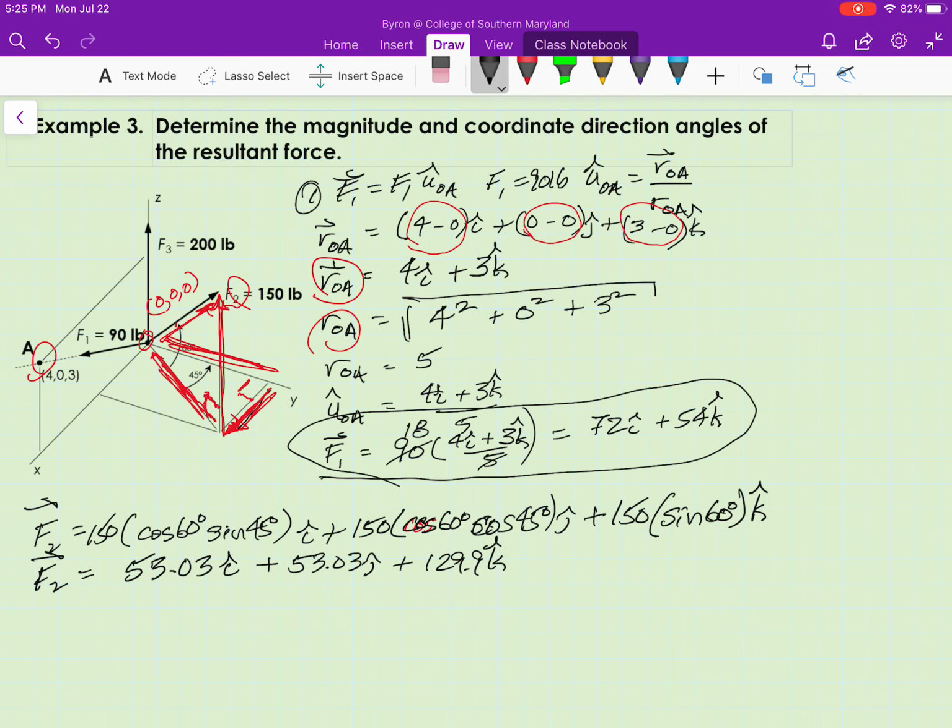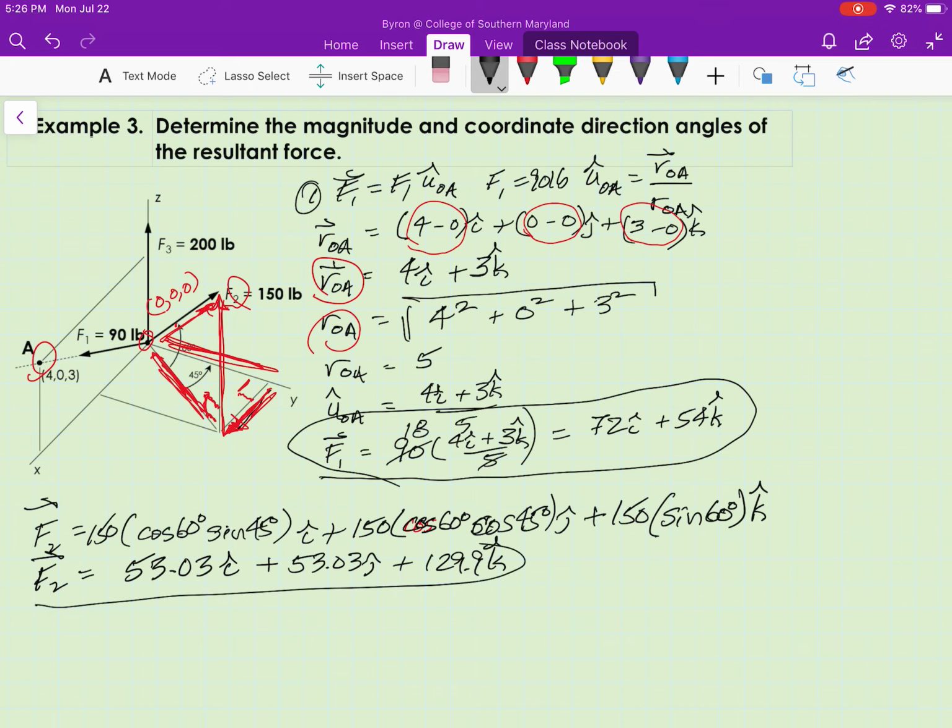Remember, we need to store all of those calculations in our calculator. I've rounded for the sake of the handwritten portion of this, but you need to keep those numbers in your calculator. We're not going to round the overall calculation until the very end.